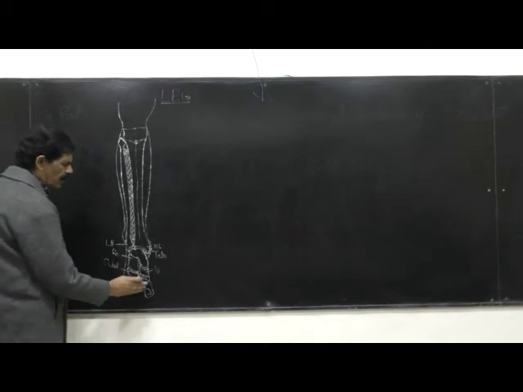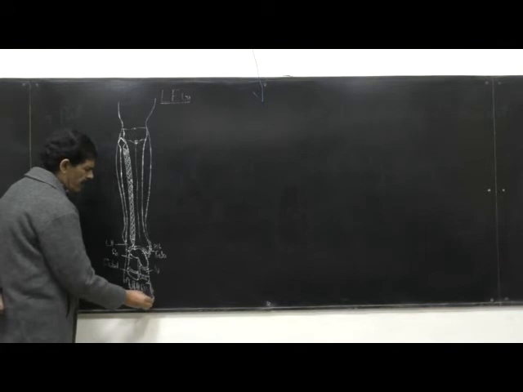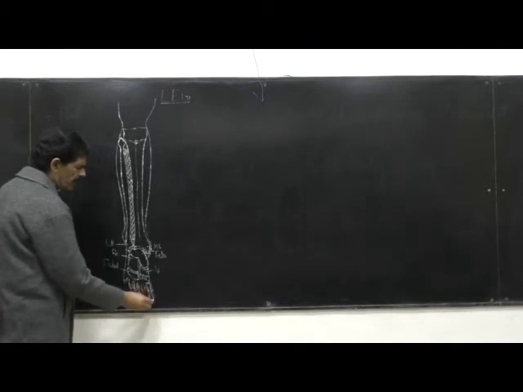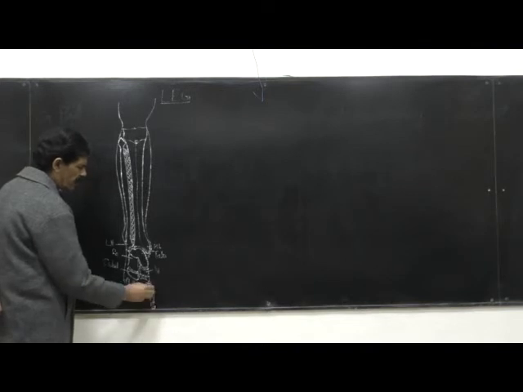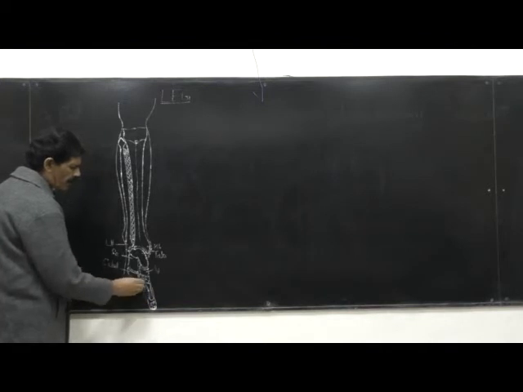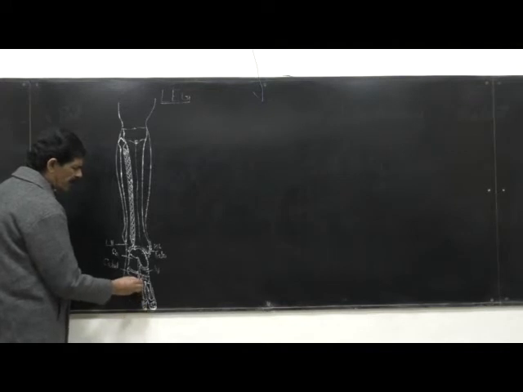And the medial cuneiform is attached to the first metatarsal of the great toe, which has two phalanges, proximal and distal. The intermediate cuneiform articulates with the base of the second metatarsal, and the first digit has three phalanges, proximal, middle and distal phalanx like the upper limb.